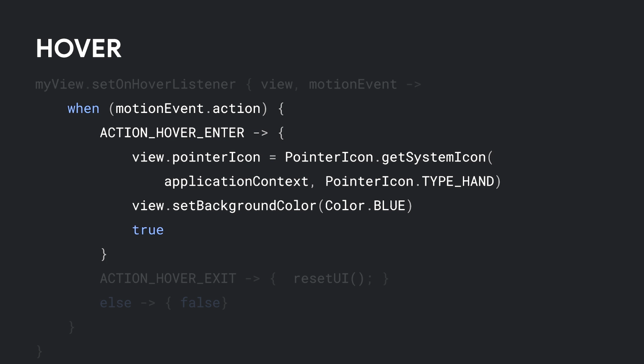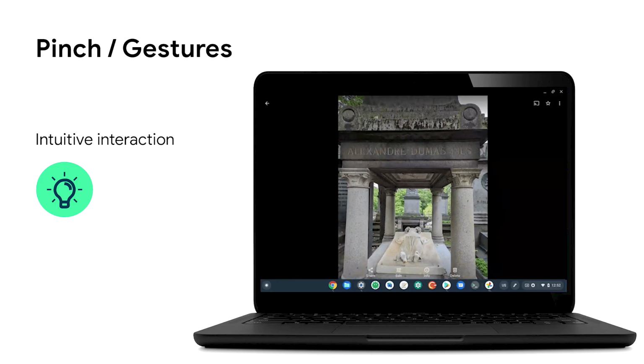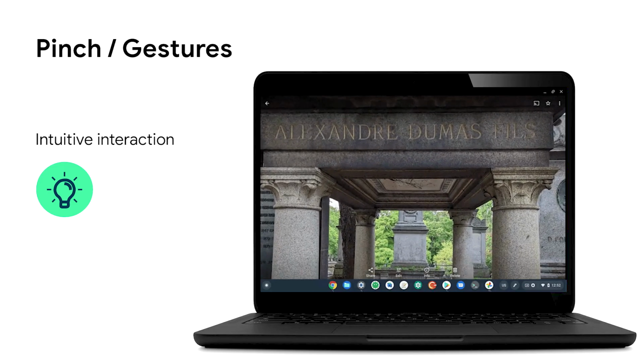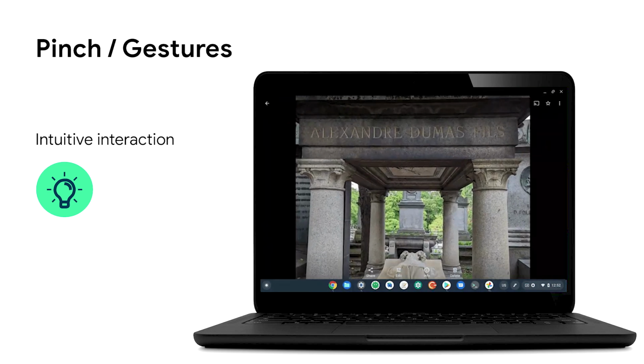Look for the hover enter event and then take some action. Here, I am changing the pointer icon to a hand and coloring the background blue. Don't forget to reset the icon and background color when hover exit occurs. The Android APIs also provide for advanced pointer handling and make it possible to add gestures, pinch and zoom support, and more. We don't have time to investigate all that today, but take a look at developer.android.com to get started.